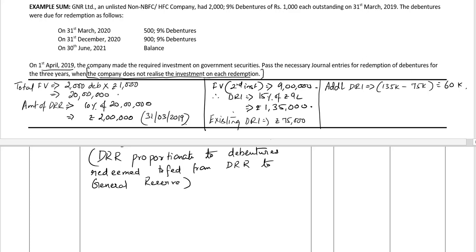The second installment is due for redemption on 31st December 2020. So we will make the additional DRI on 1st April 2020.